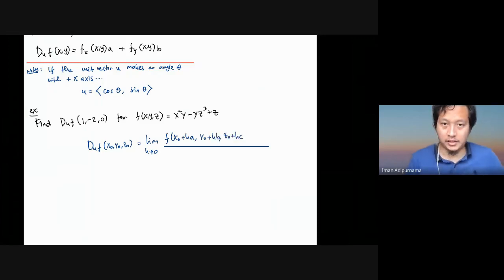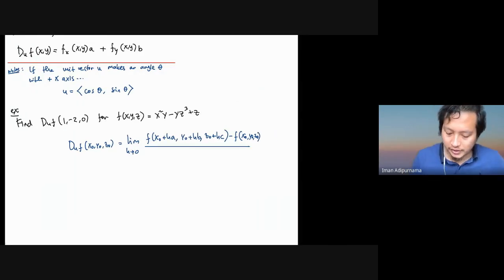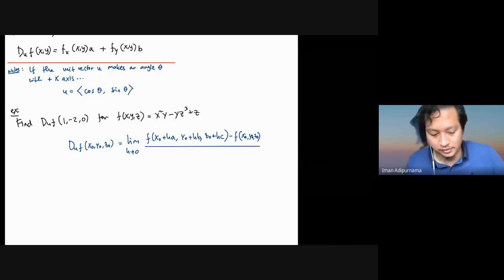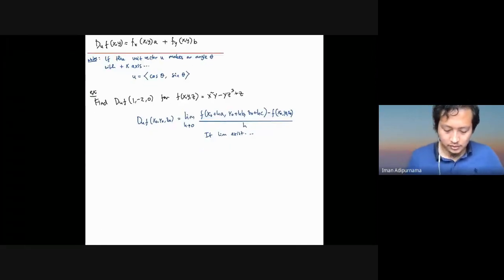And you have A, B, and C. But of course, the more variables you have, the more difficult it is to draw visually.